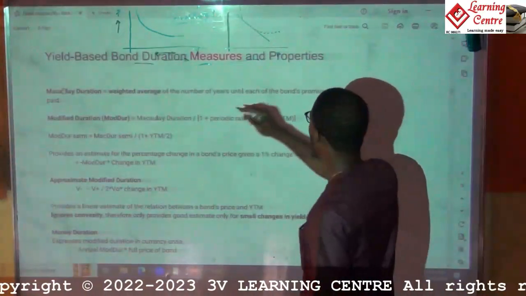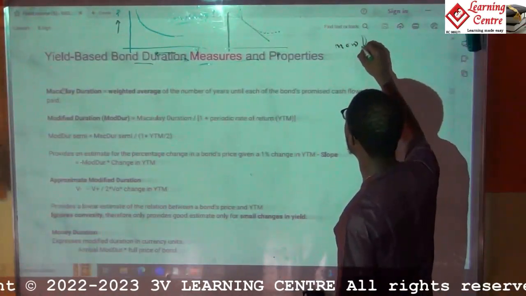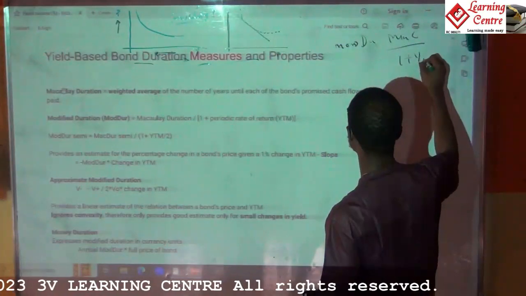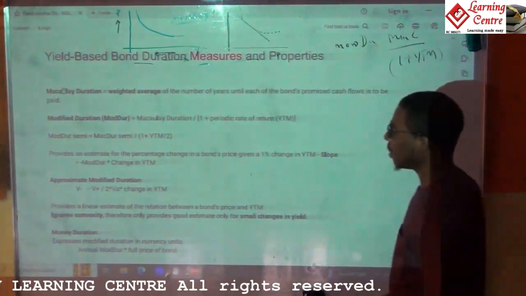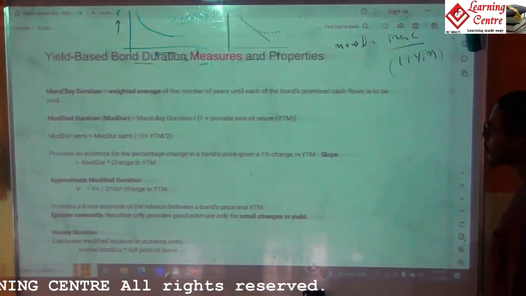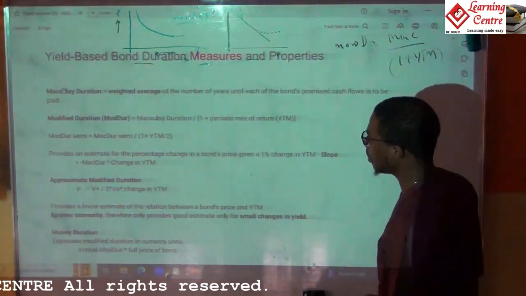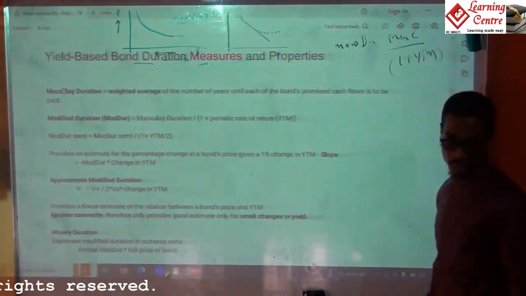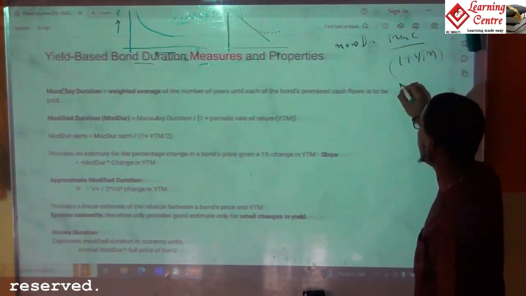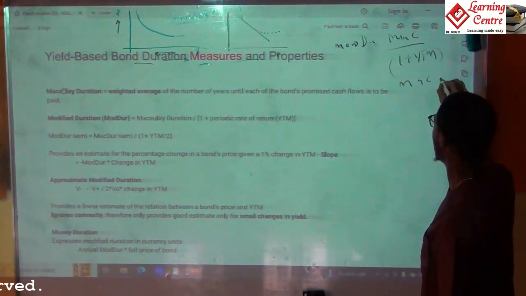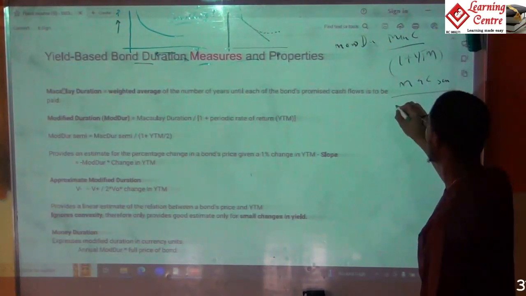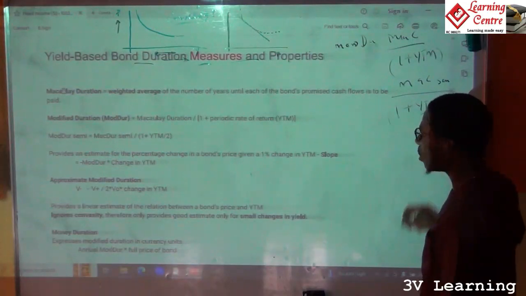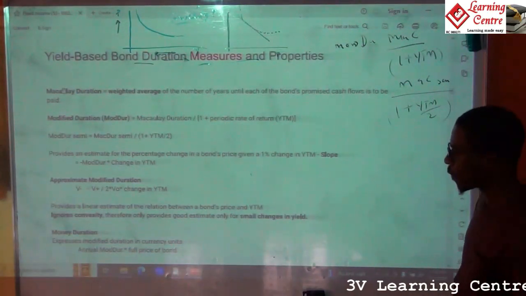Modified duration is just your Macaulay duration over 1 plus YTM. Very simple, right? If your Macaulay duration is semi-annual, it will be that same Macaulay duration over 1 plus YTM over 2, just to adjust for frequency.